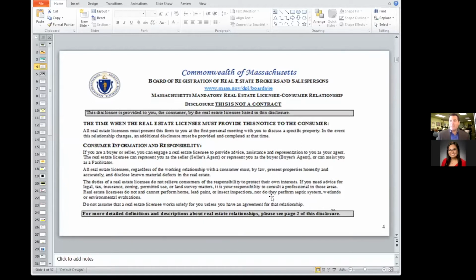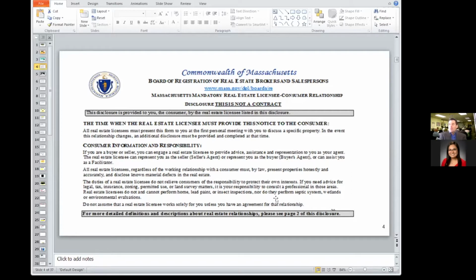If you start giving them tax advice and insurance advice and permitted use advice, then you defeat this whole paragraph, because it's not supposed to be something we're doing. We're supposed to say to them, it says right here, this is your responsibility. Call people and figure it out.